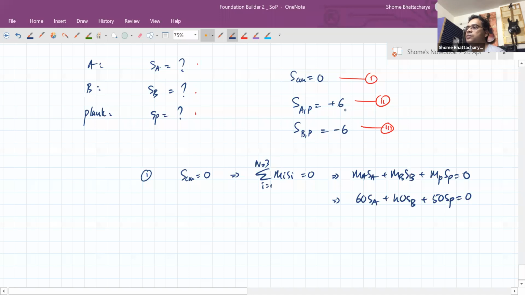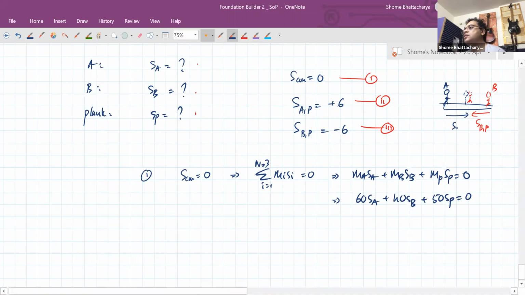The only place where I'm substituting with plus minus is here, because that is corresponding to the fact that A in the Planck's frame is moving from here to here, and B in the Planck's frame is moving from here to here. So with respect to the Planck, this is B's displacement, so it's negative. With respect to the Planck, this is A's displacement.